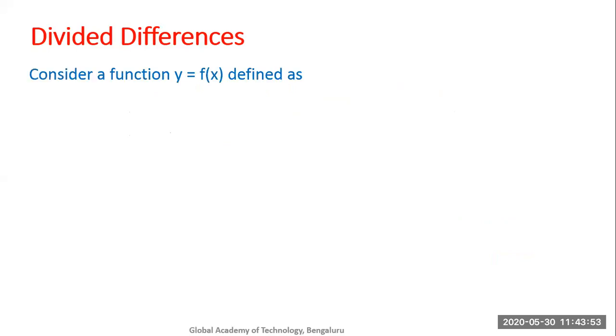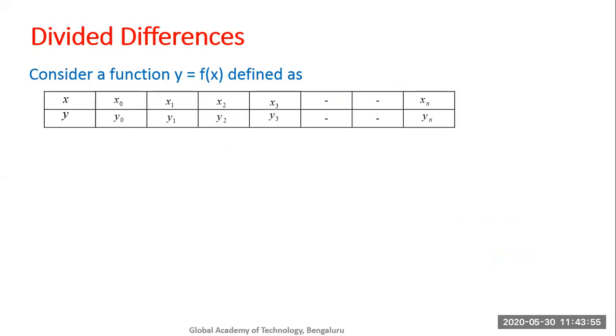Suppose we have a function y equal to f of x defined in the form of tabular values. As in the case of forward and backward, here the values of x need not be equally spaced. That means the difference between the consecutive values of x may not be the same.